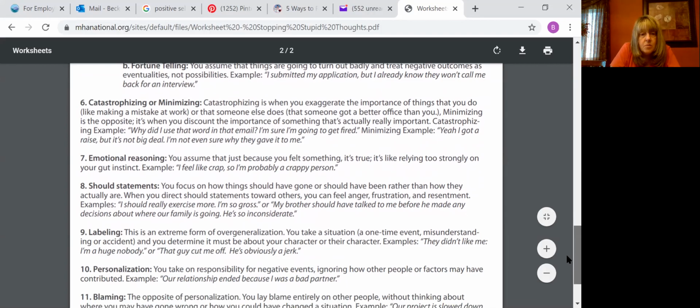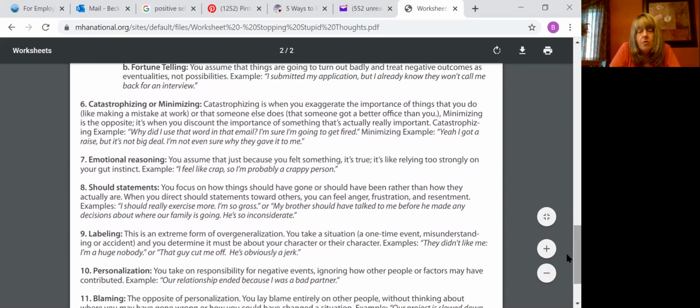The next one is labeling. This is an extreme form of overgeneralization. You take a situation, a one-time event, a misunderstanding or an accident, and you determine it must be out of your character or their character. Like, that person seemed like they liked me, but then I'm telling myself, no, they didn't like me. I'm a nobody. There's no way they could like me.